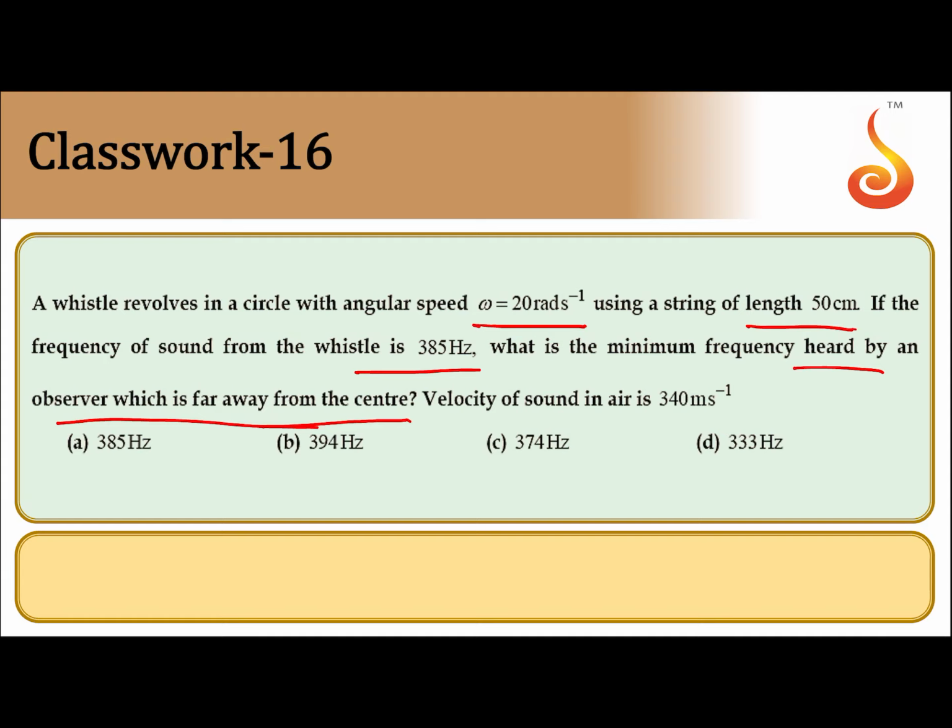So there is a source which revolves in a circle using a string of length 50 centimeter, and we want the minimum frequency heard by the observer. Here is the stationary observer and this is the construction. Now the whistle is moving along these directions, so the sound travels along this direction.